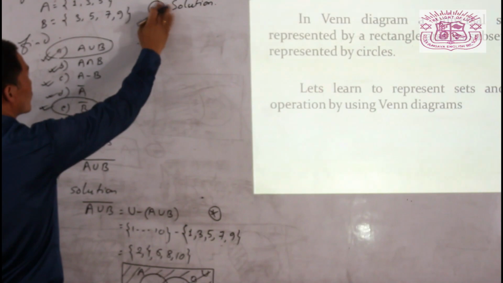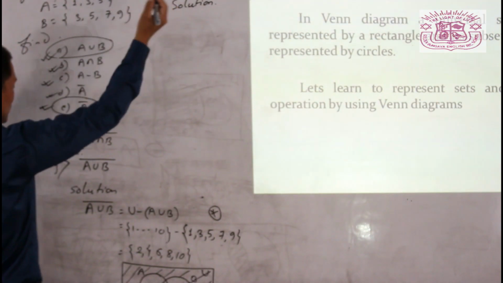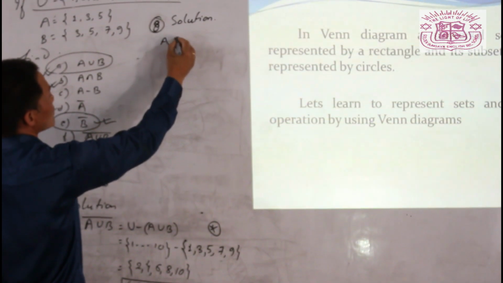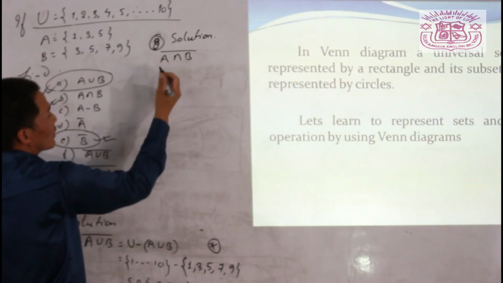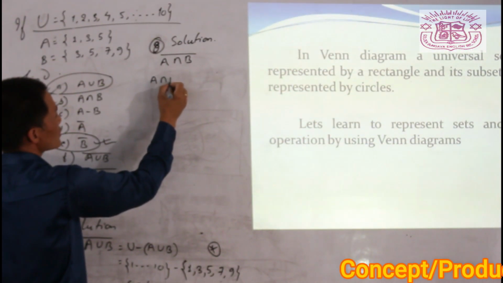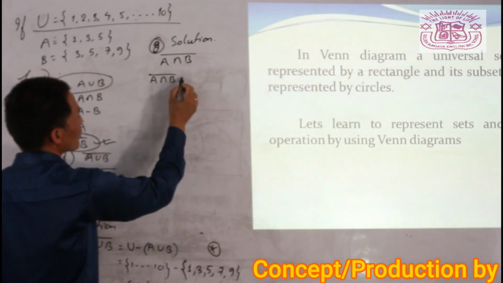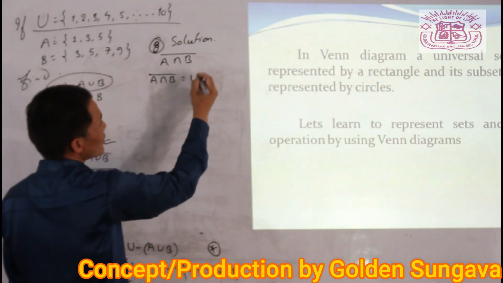So solution for G number, I will make it right here. A intersection B complement. A intersection B complement means, as I have already said, complement means the difference with the universal set.